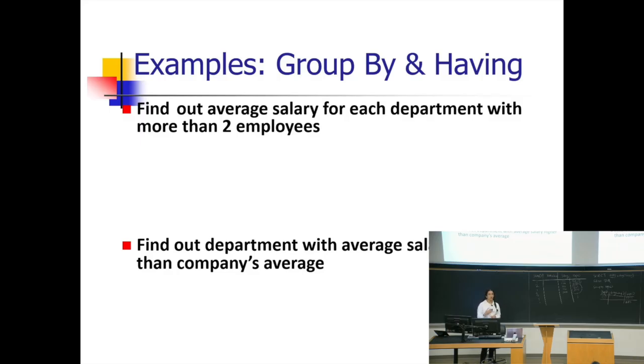And now we have one more condition. We not only want to find average salary for each department, but we also want to find only average salary for those departments that have more than 2 employees, right?